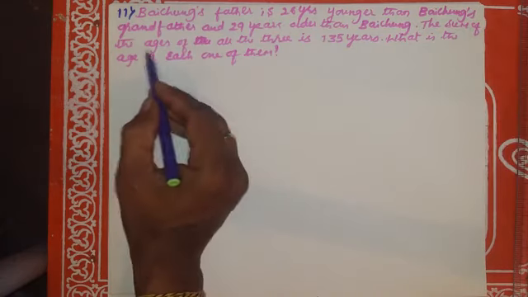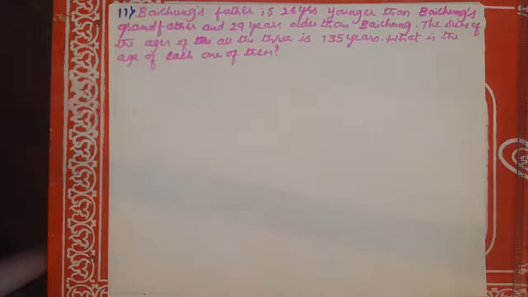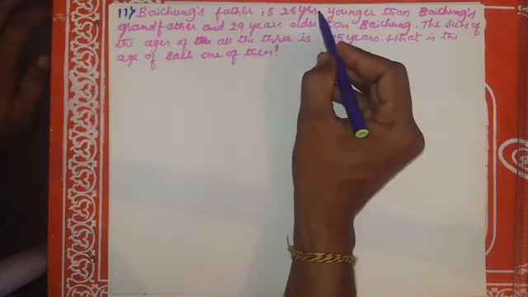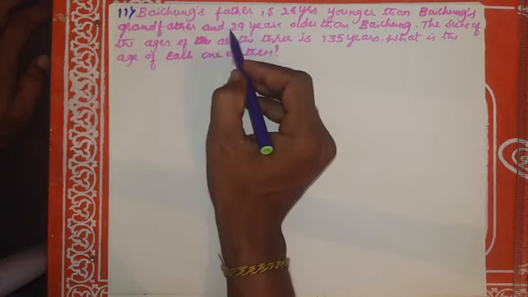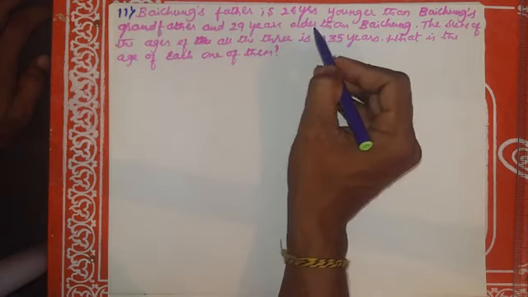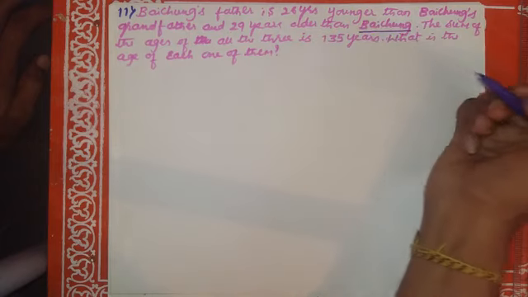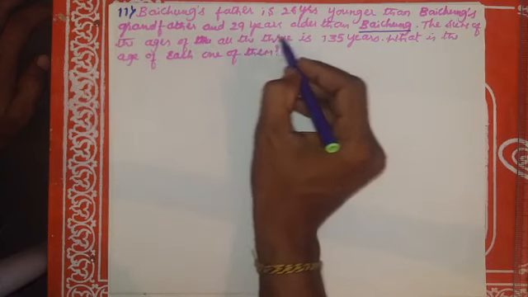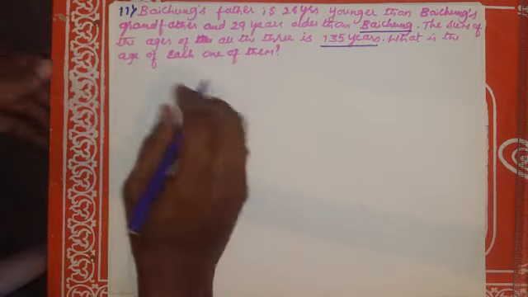The sum of the ages of all the three is 135 years. What is the age of each one of them?